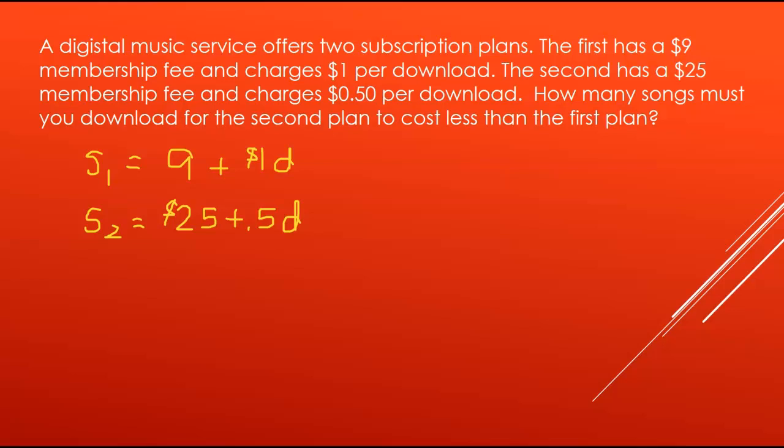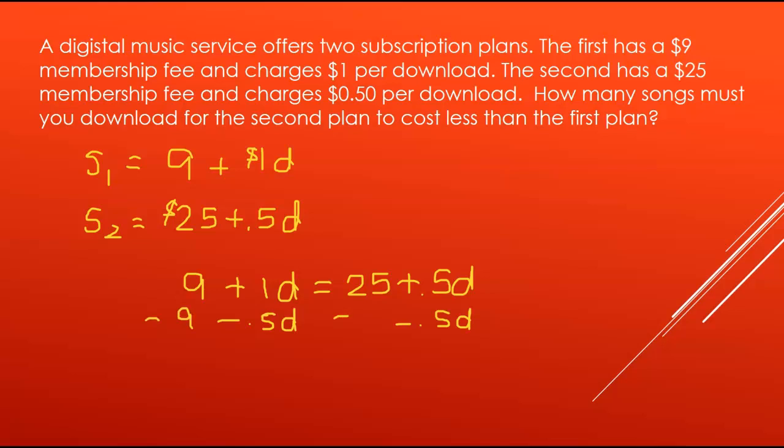So if I set them equal, I'll find the download at which they cost the same. So at 32 songs, they cost the same.